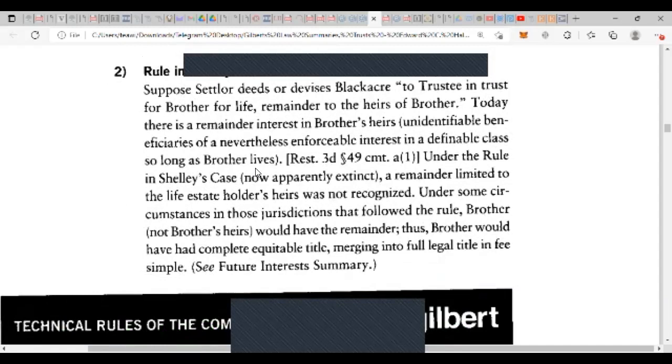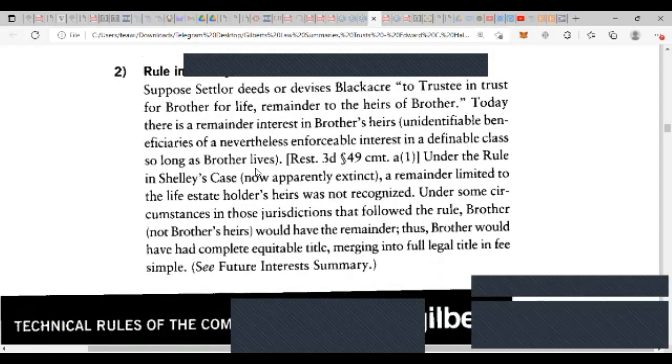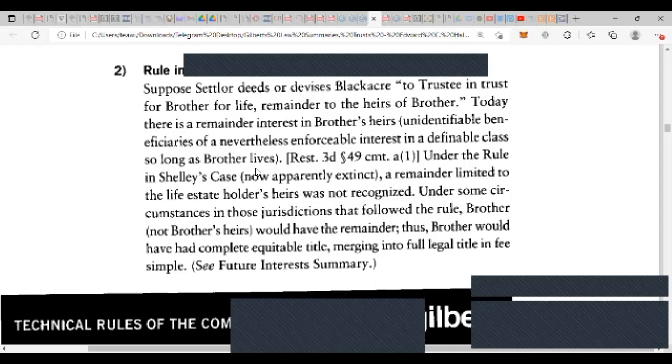Under the rule in Shelley's case, now apparently extinct, a remainder limited to life estate holder's heirs was not recognized. Under some circumstances in those jurisdictions that follow the rule, brother, not brother's heirs, would have the remainder. Thus, brother would have had complete equitable title, merging into full legal title, in fee. See future interest summary.